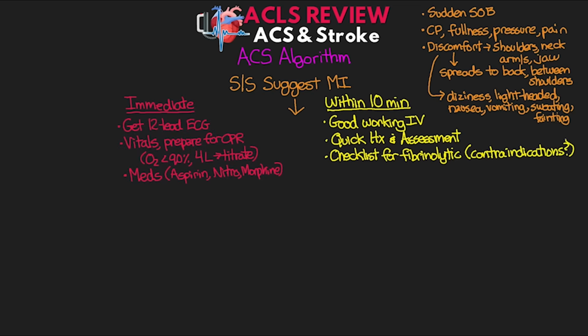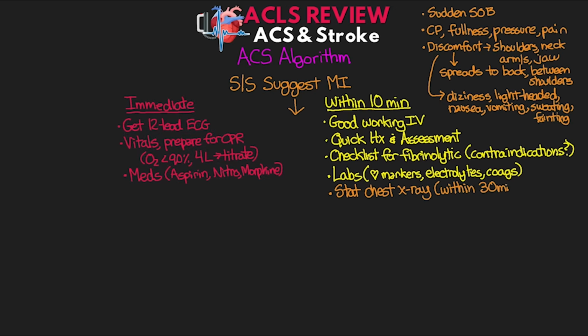Then we want to get blood for lab samples, and these are going to be checking our cardiac markers, electrolytes, and coags. And then finally, we want to get a stat chest x-ray. Now, this most likely is not going to happen within those 10 minutes, so they do recommend that this is completed within 30.